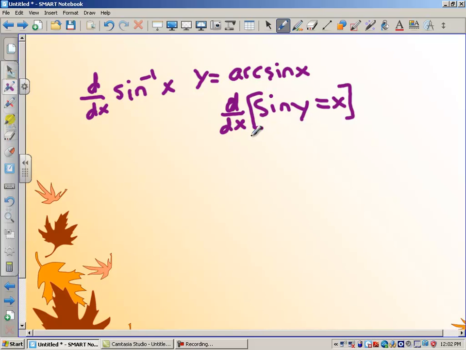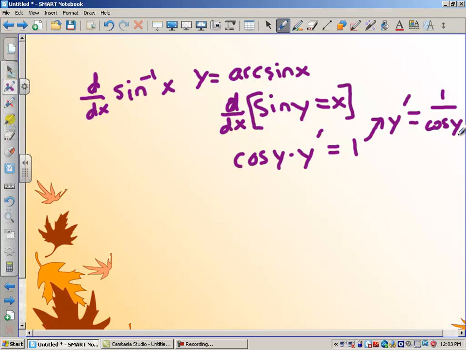Well, the derivative of sine of anything is cosine of that thing times y prime, or the derivative of whatever that angle is. Cosine y times y prime. Now on the other side, the derivative of x is just 1. Now I'm trying to solve this for y prime, so I'll divide both sides by cosine, and I will get that y prime is equal to 1 divided by cosine of y.